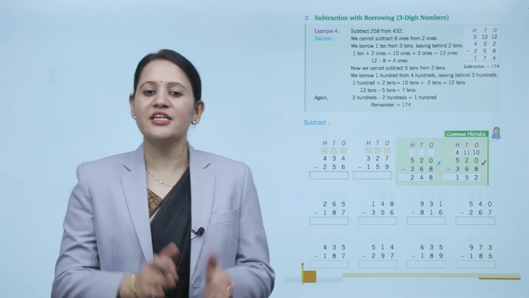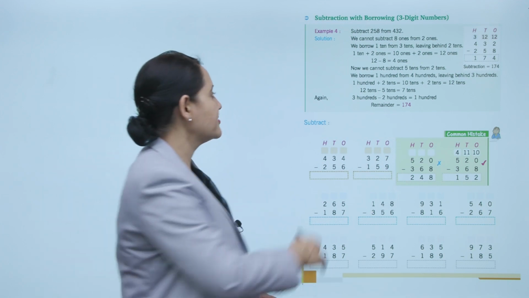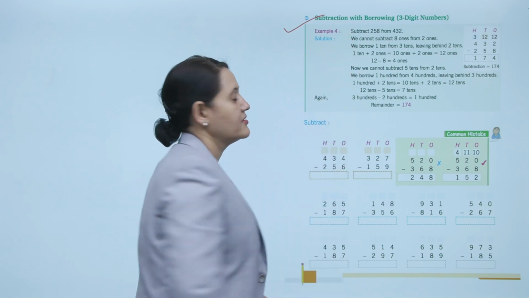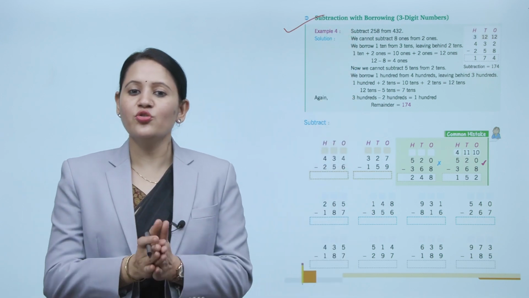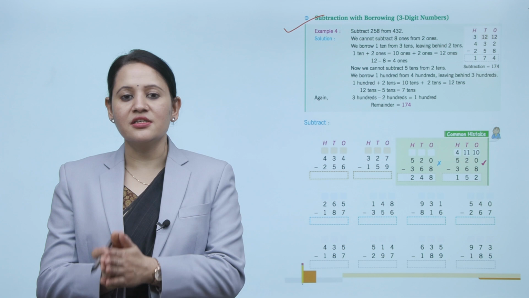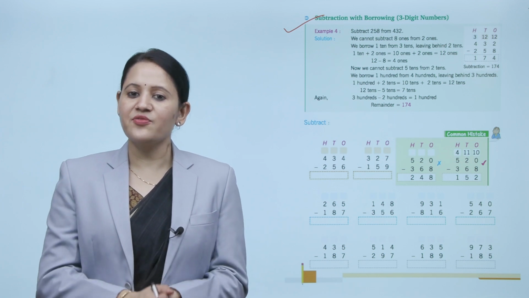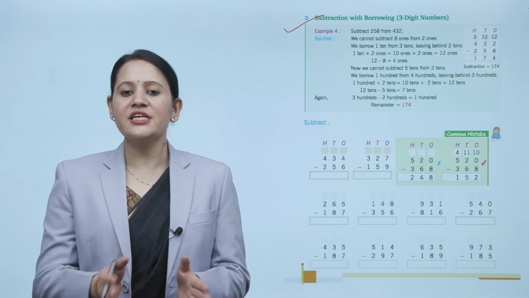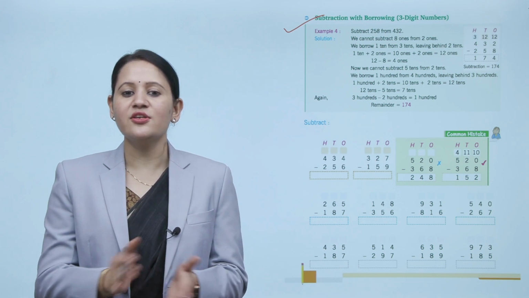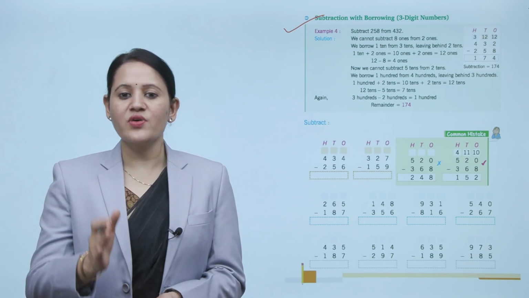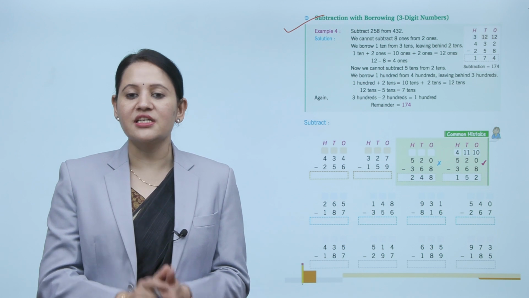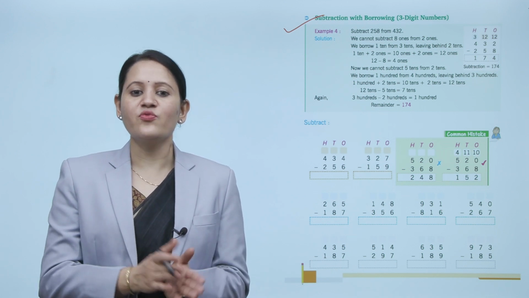Next, subtraction with borrowing, 3-digit numbers. We have to subtract 258 from 432. We cannot subtract 8 ones from 2 ones. We borrow 1 ten from 3 tens, leaving behind 2 tens. 1 ten plus 2 ones, that is 10 ones plus 2 ones, that is 12 ones. 12 minus 8, 4 ones.